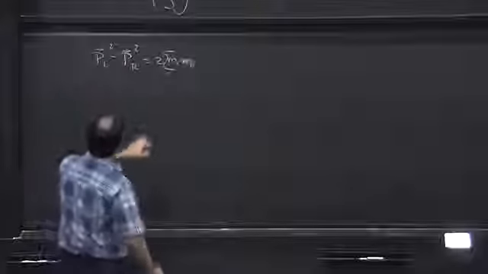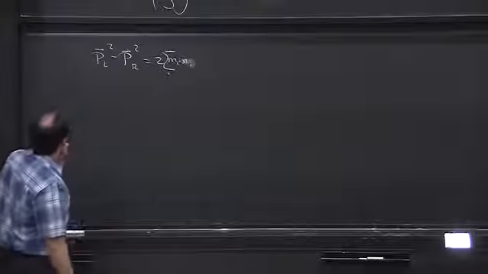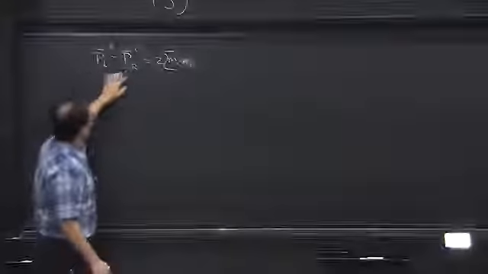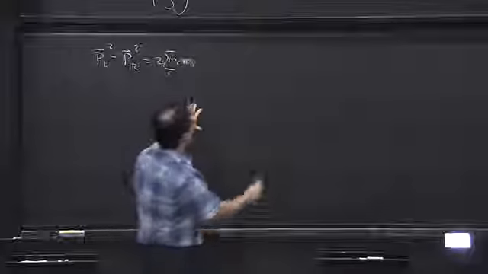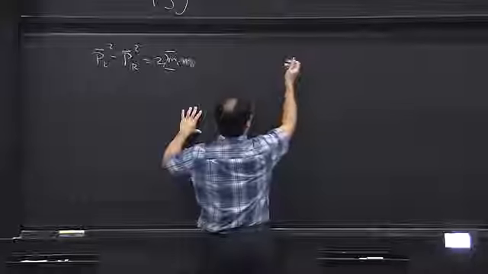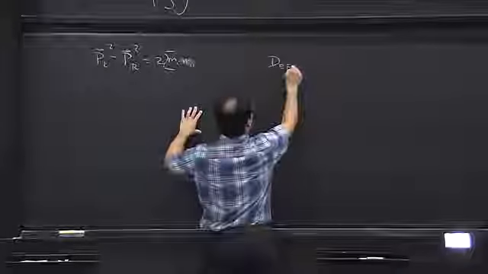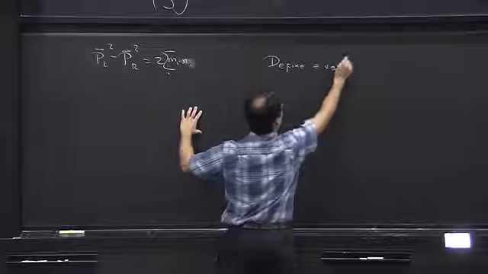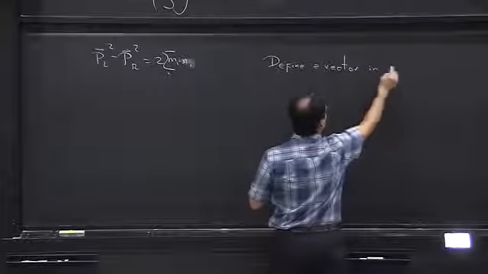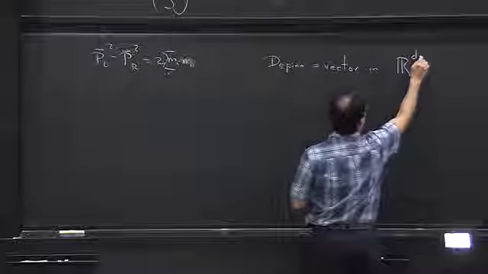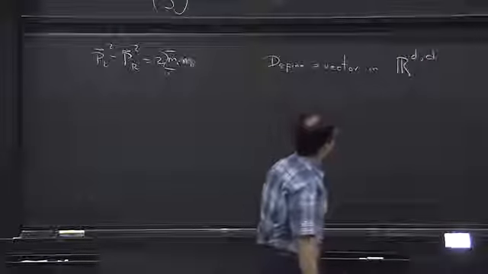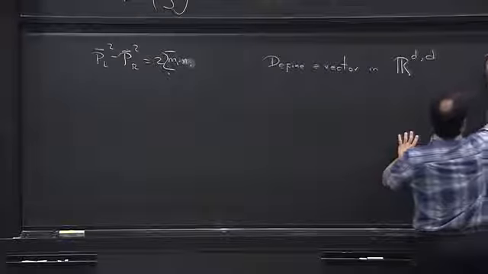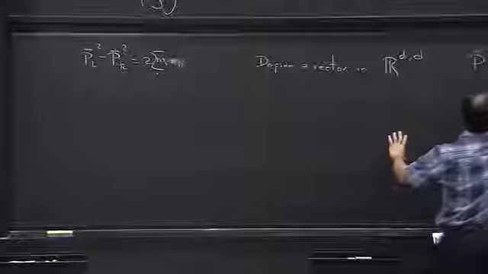But once you do that, the same person says, well, oh, that looks very interesting. Doesn't this look like the inner product of something that lives in 2D dimensions? So define a vector in R^{D,D}. And your new vector will be something that has components P left, P right.